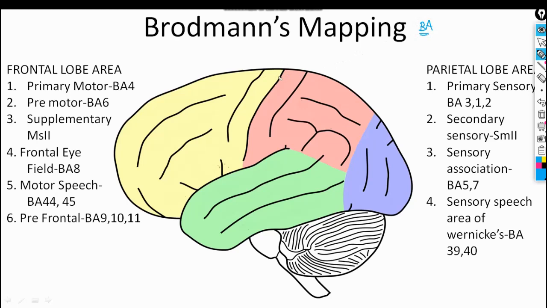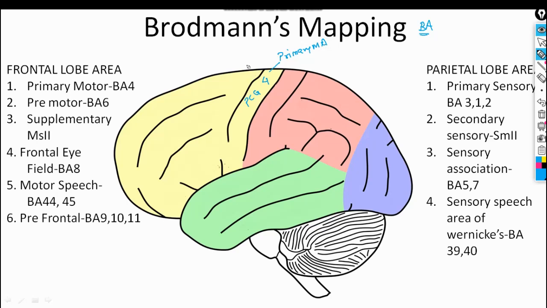Anterior to this central sulcus is the precentral gyrus. In this precentral gyrus is Brodmann's area number 4. This Brodmann's area number 4 is the primary motor area.